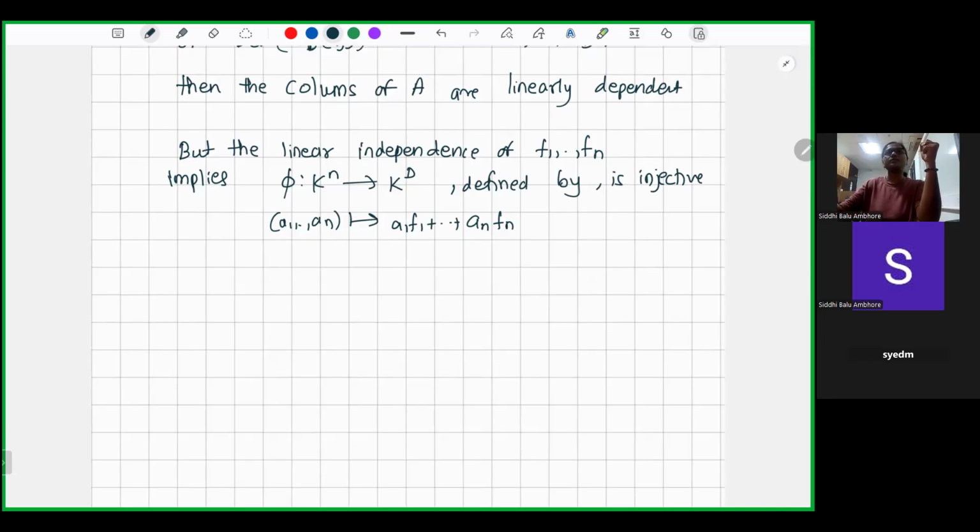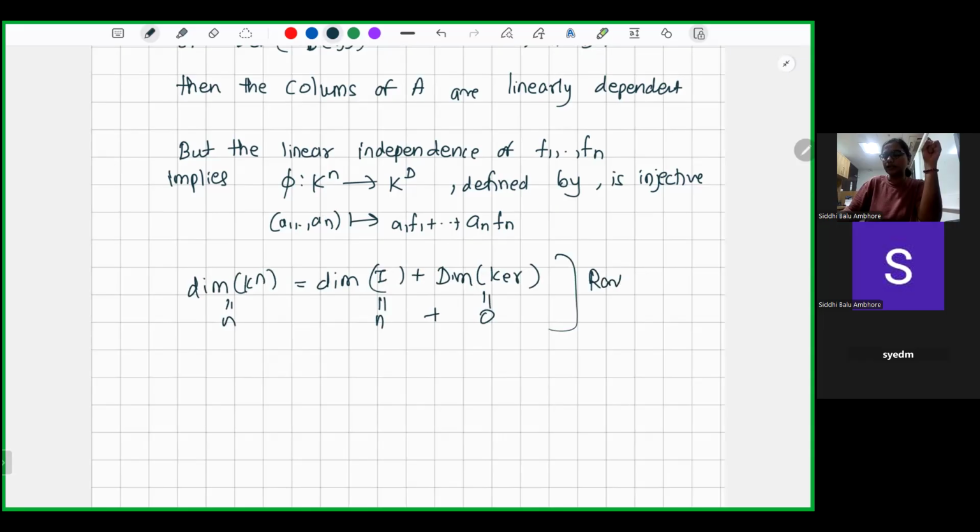So n will be the dimension of the image plus the dimension of the kernel, right? But the dimension of the image, since F1 to Fn are linearly independent, will be n. So the dimension of the kernel has to be 0, by the rank-nullity theorem, since F1 to Fn are linearly independent.